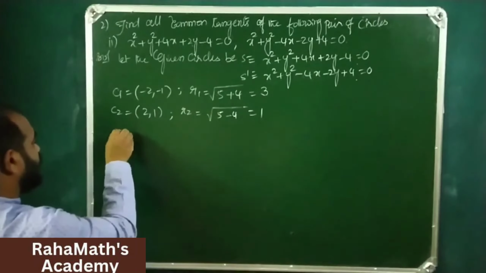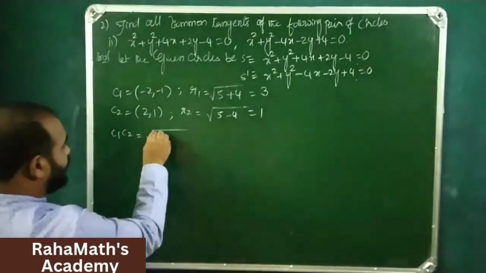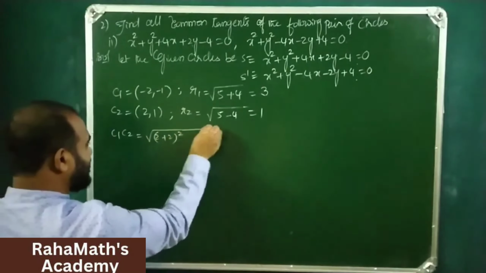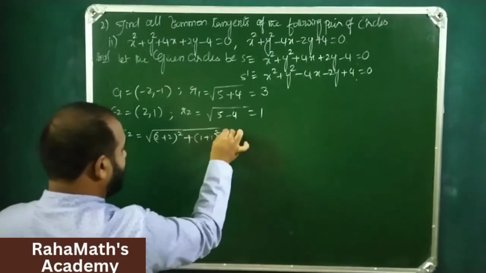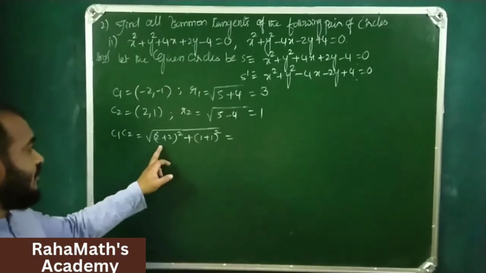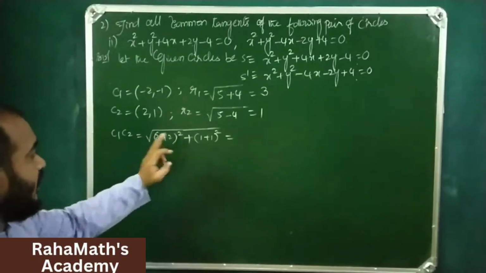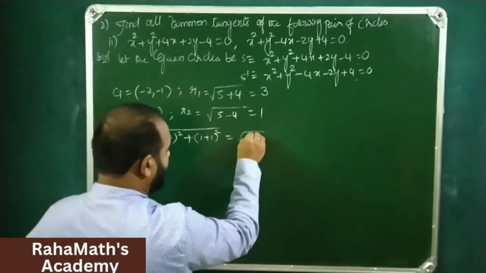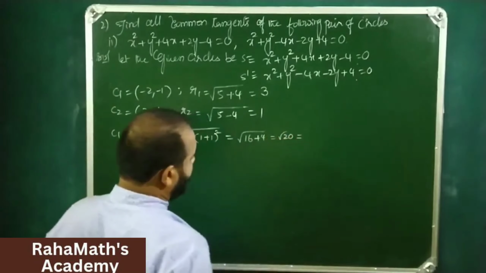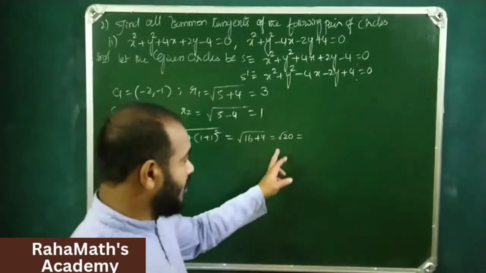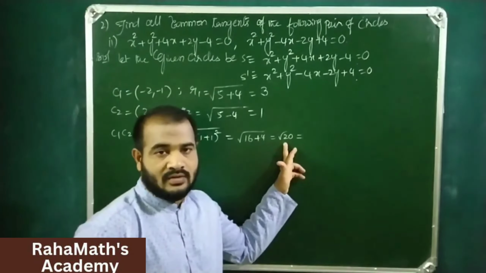What is C1 C2? C1 C2 is 2 plus 2 whole square plus 1 plus 1 whole square. So 2 plus 2 whole square is 4 square, 16, plus 2 square, 4, which is root 20. Root 20 is 2 root 5.